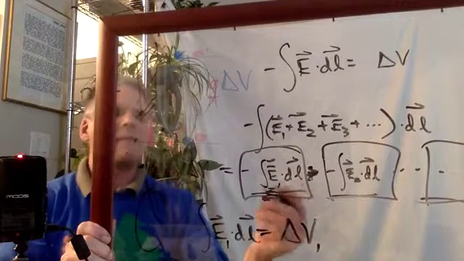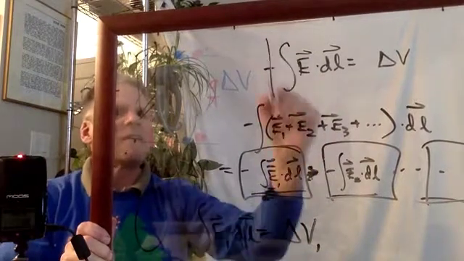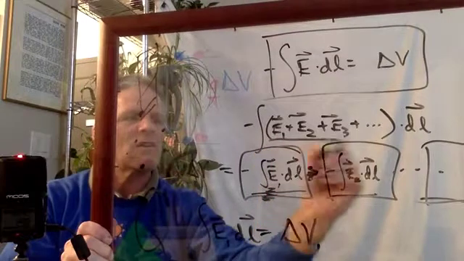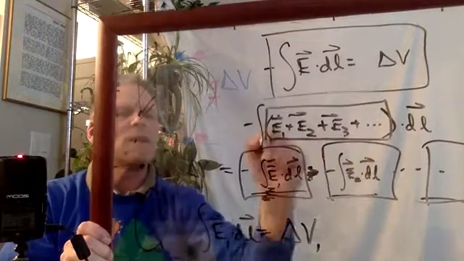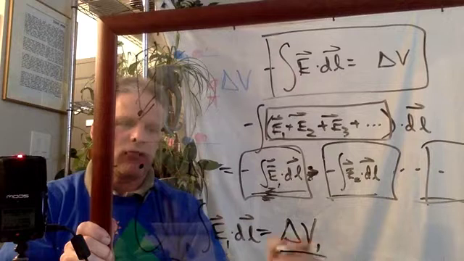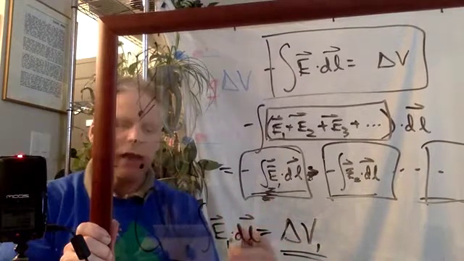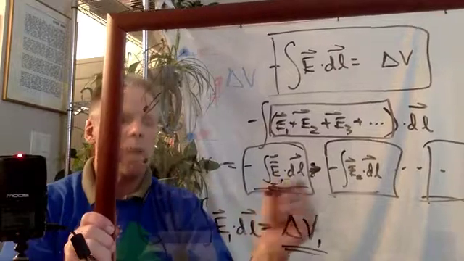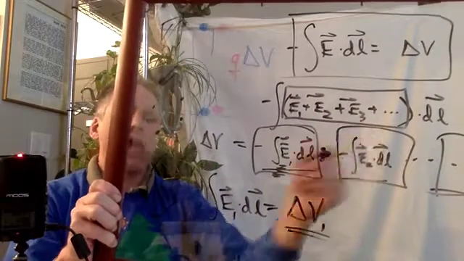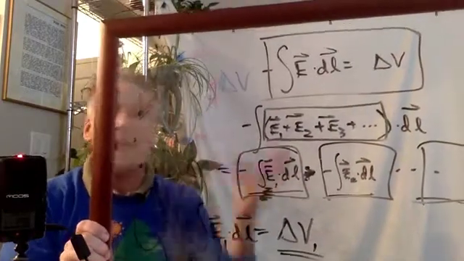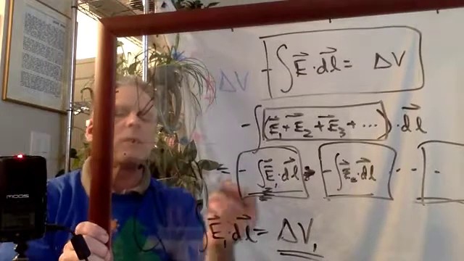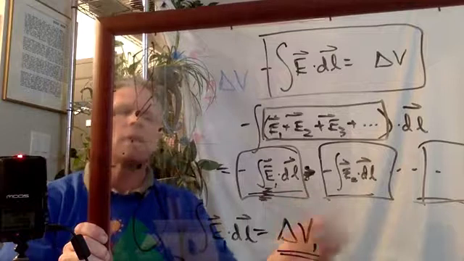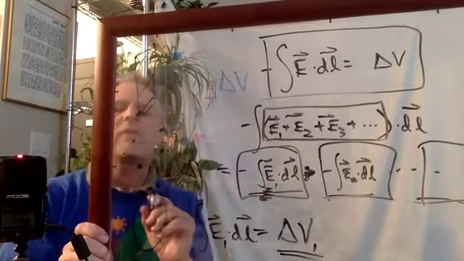What it means is that the same principle of superposition we used here for the electric field also applies for the voltage. So if I can calculate the voltage for one of these, then to get the voltage for like 8 charges, for example, I would calculate the voltage for one charge, then calculate the voltage for another and another and another. Now, the one difference is this.